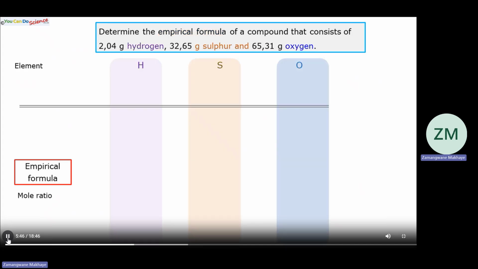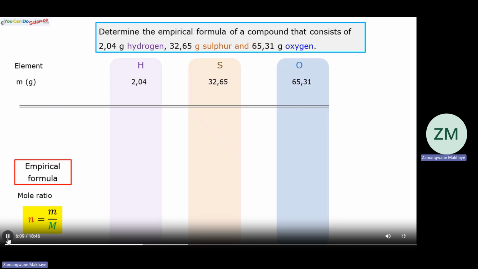Start by writing down the elements that the compound consists of. Then write down the information that pertains to each element. There are 2,04 gram hydrogen, 32,65 gram sulfur, and 65,31 gram oxygen.